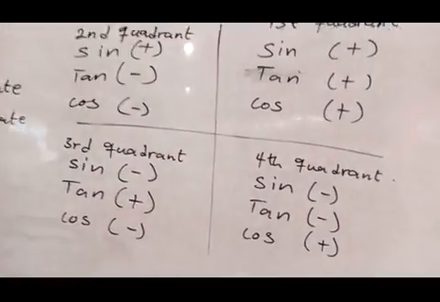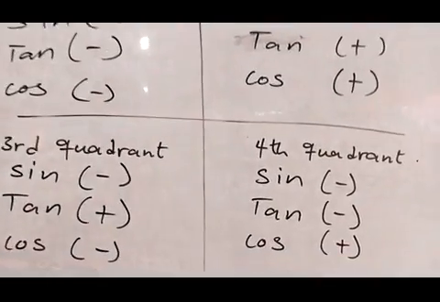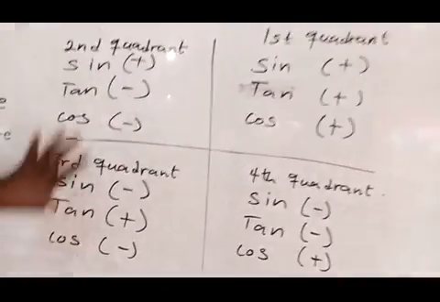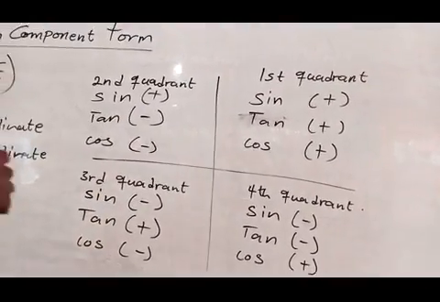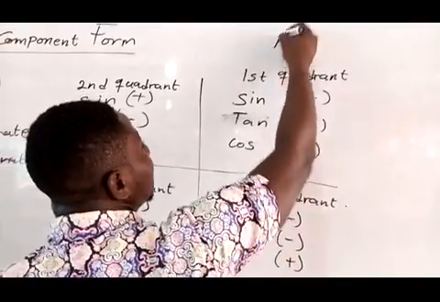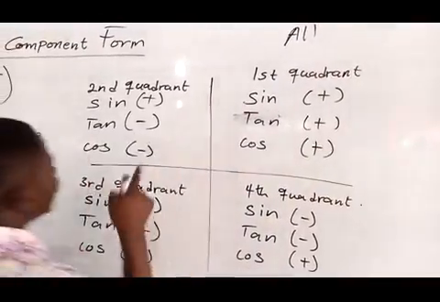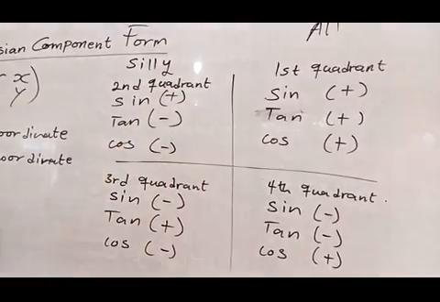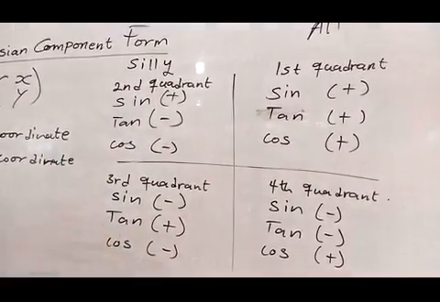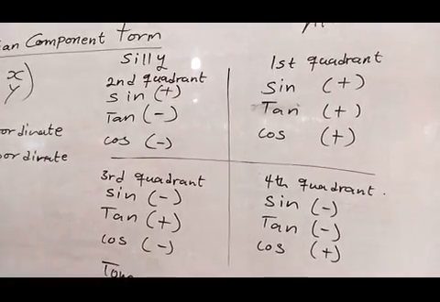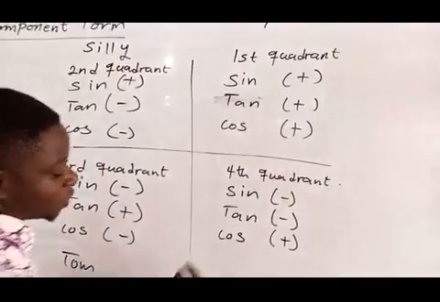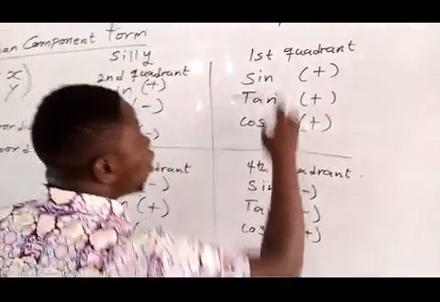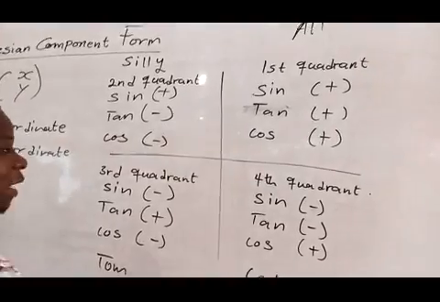So we came up with a jargon that we can easily use to remember this. You see, in the first quadrant all of them are positive. But over here, only sine is positive, and over here, only tan is positive, and over here, only cos is positive. So we say: All Silly Tom Cat.